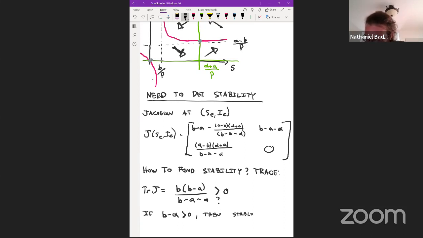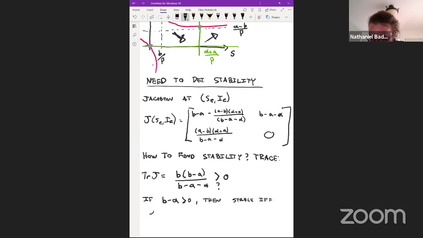So then it's stable if and only if, sorry, I shouldn't say that. If I want the trace to be less than 0, then alpha is going to have to be greater than B minus A. So great, we can determine the stability, and as nasty as that Jacobian is, we actually get a very straightforward formula.